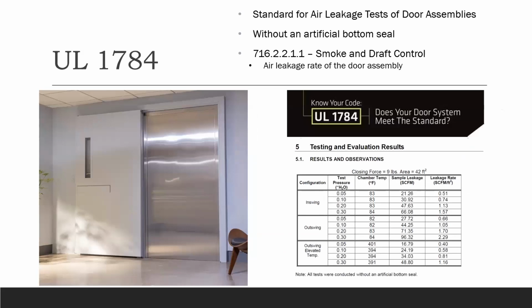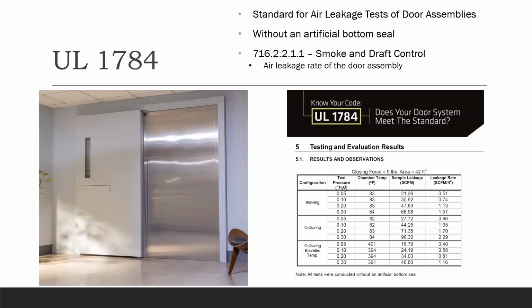Essentially, UL 1784 is physically testing for smoke, measuring specifically how much smoke travels through the jambs and the header. In the past, fire labs would essentially only test 3 sides of a 4-sided door opening. They would test how much smoke was traveling through the header and the jambs, and then at the bottom of the door, where there's typically that 3/4 inch undercut, they would place an artificial bottom seal.